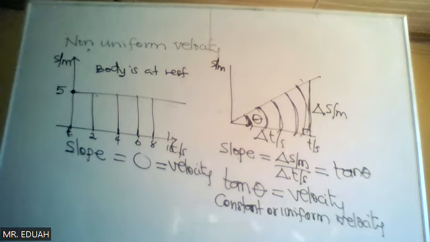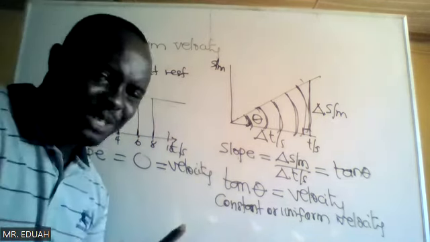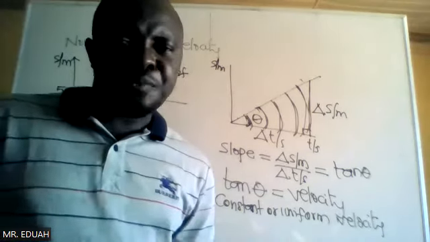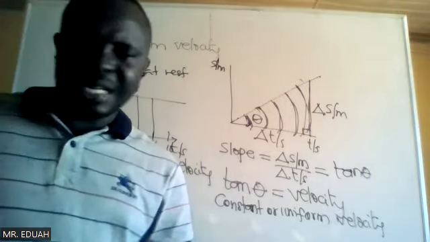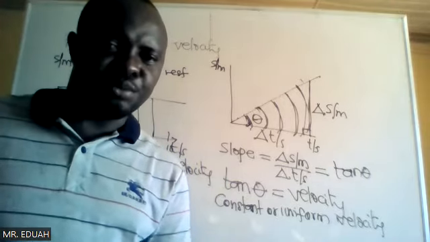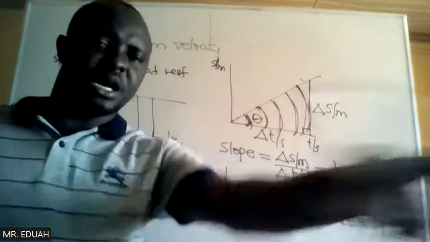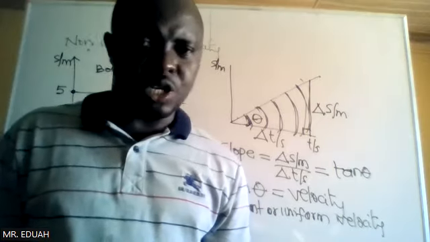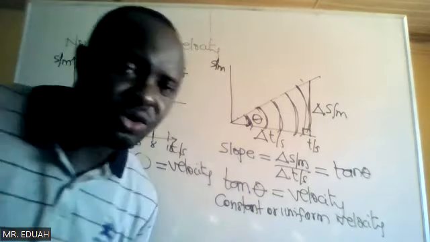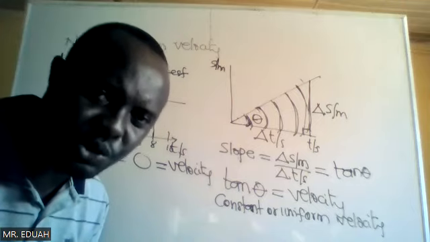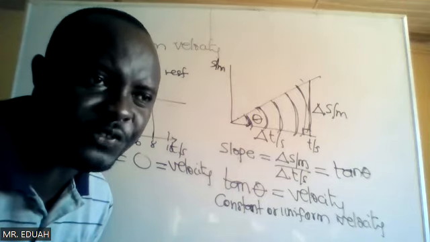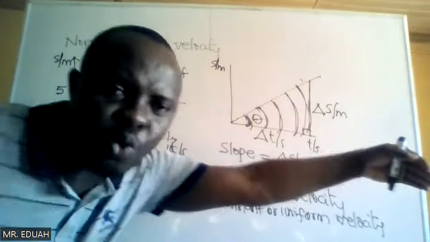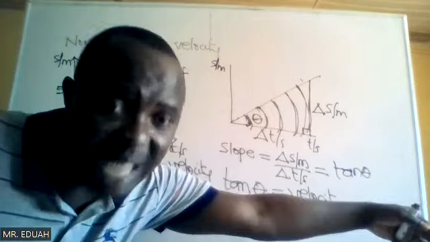Okay, so let me connect it to a practical situation. Maybe there is a 100-meter competition between myself and Kweku. Knowing myself to be a very good sprinter, I decide that, no, Kweku, instead of starting with you, I'm giving you 50 meters. Start your journey from 50 meters whilst I start from 0.